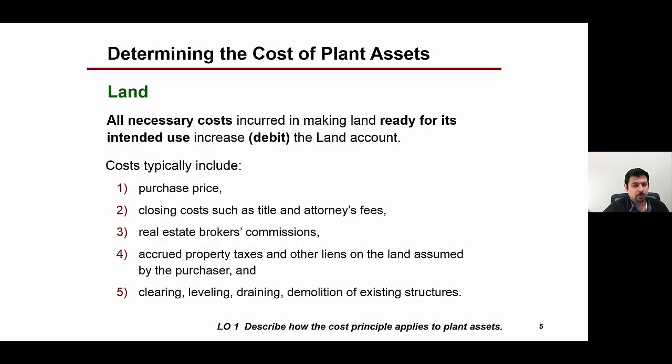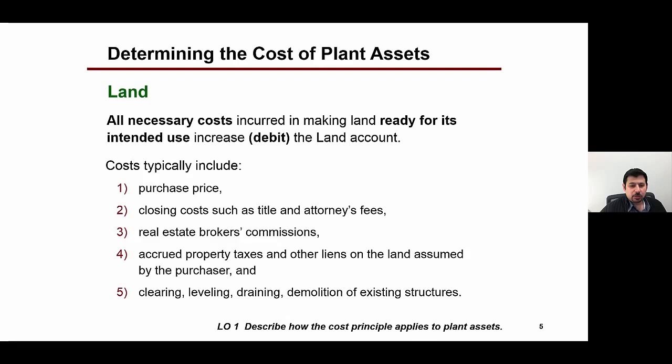The first plant asset that we will be discussing at this point is land. Land is reported again at cost, and the cost would include all the necessary costs that are incurred in order to prepare the land for its intended use.